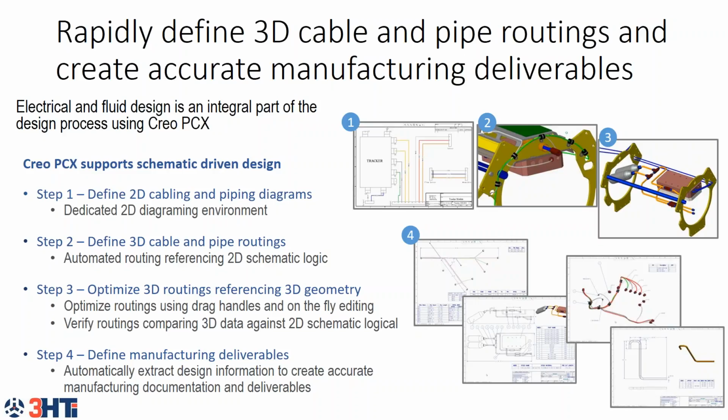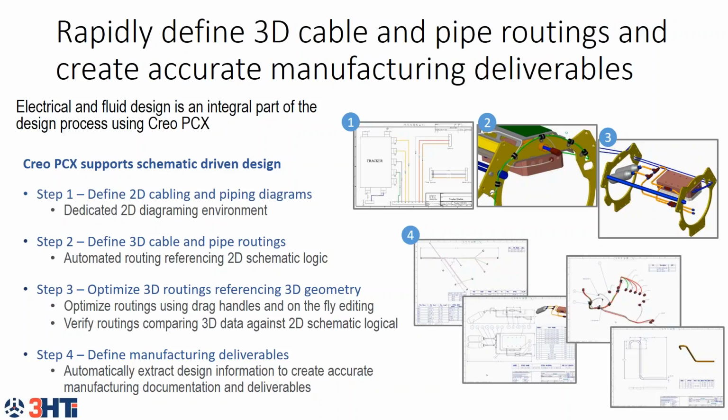Step 2 is to define 3D routings referencing 2D schematic logic for connectivity and pipe fitting information. The next step is to optimize 3D routing information using drag handles on the fly and editing to manipulate cable and pipe routings referencing 3D assembly geometry.